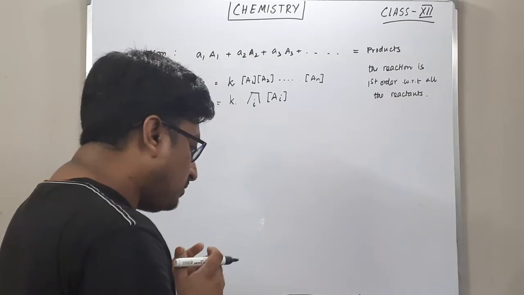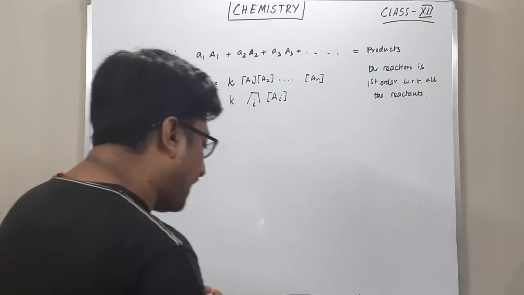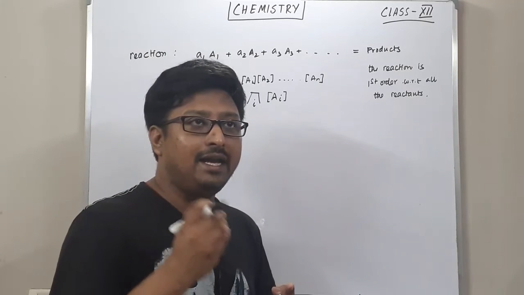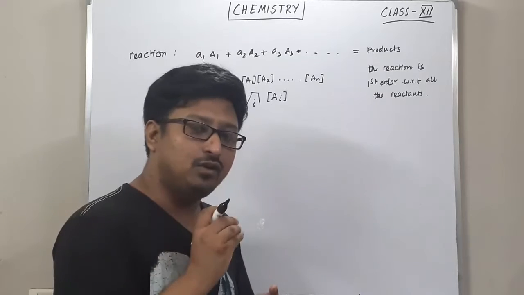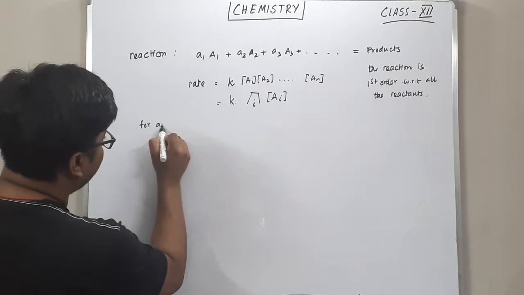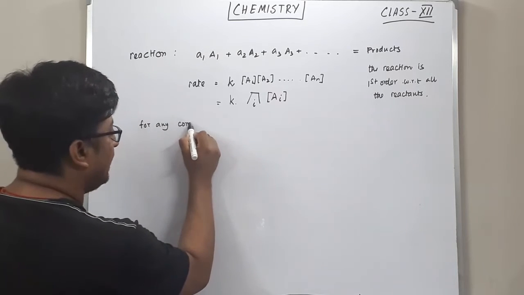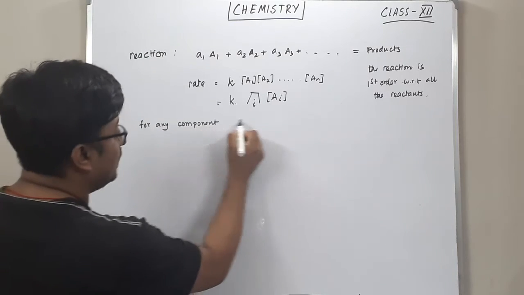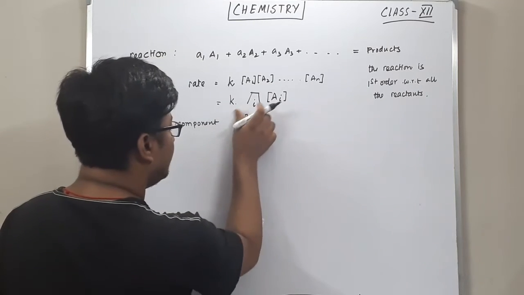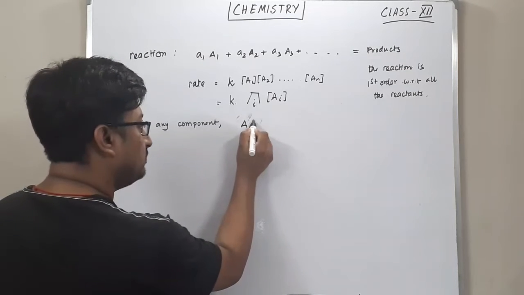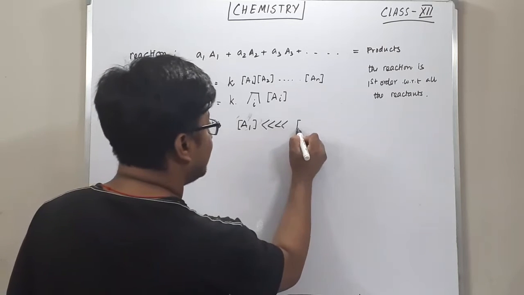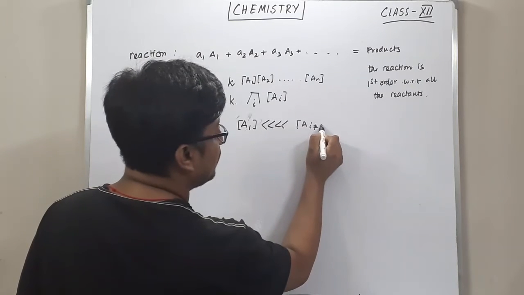Now if I assume that for any ith component, let's say the first component A1, the concentration of A1 is very much lesser than that of the ith component, which is not equal to 1.